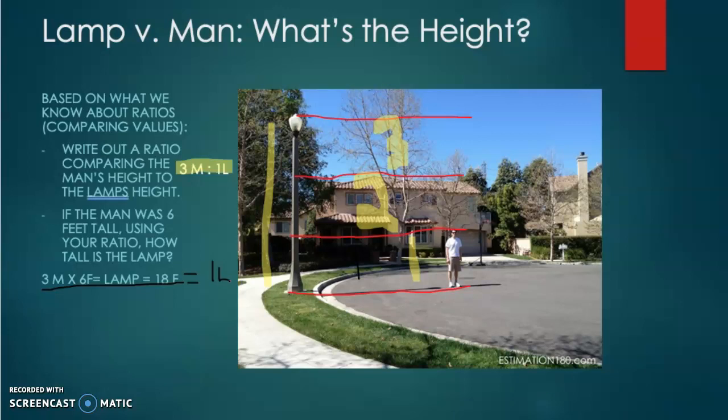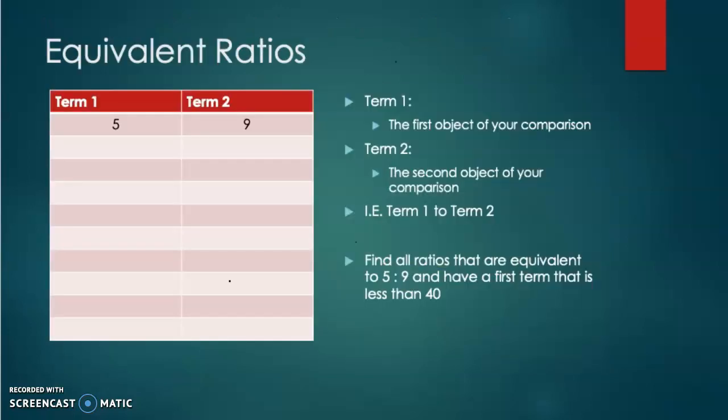What we're going to focus on now is finding equivalent ratios. This is a bit of a review. I'm saying fractions, but I mean equivalent ratios. What you have in front of you is a ratio table, and this is something that you'll need to use for the assignments that are coming out on Thursday. Here you have term 1 and term 2. Term 1 will be the first object.